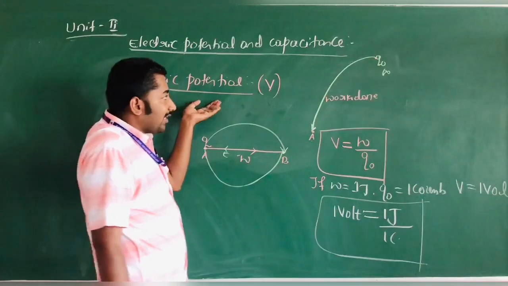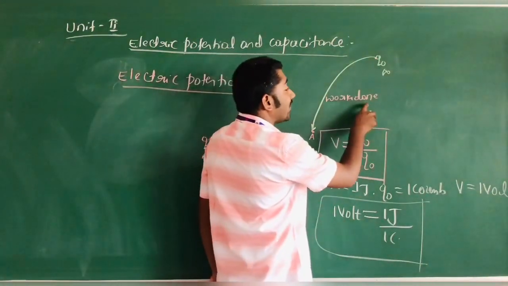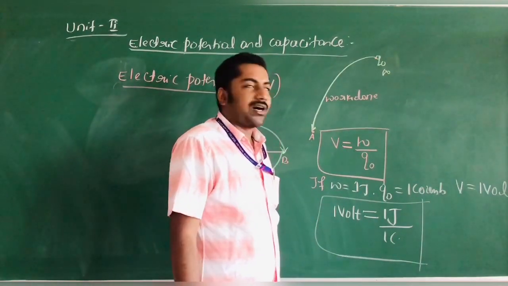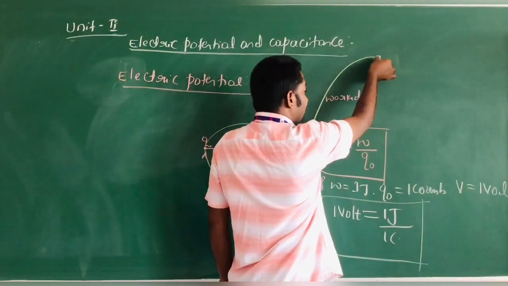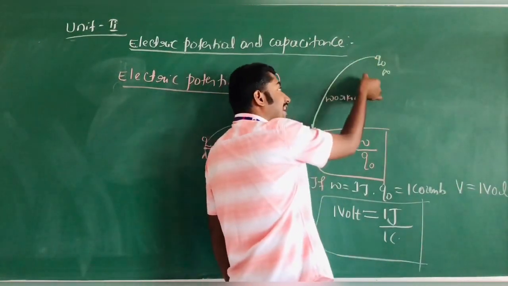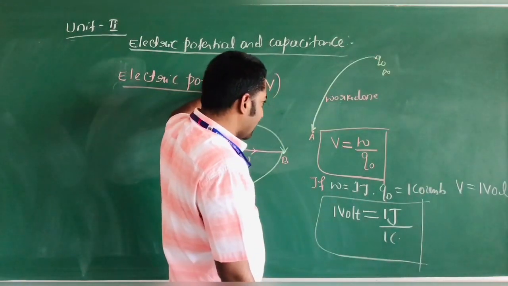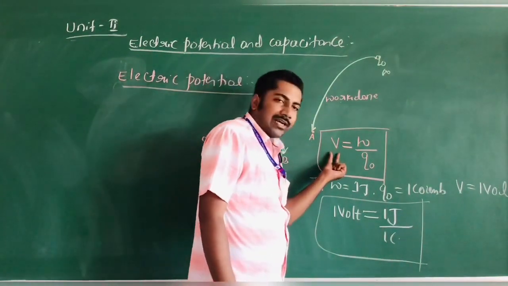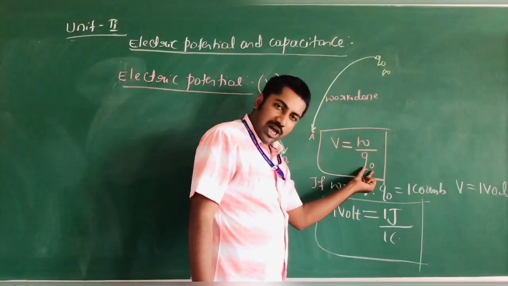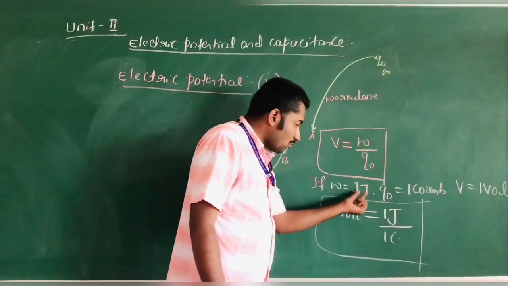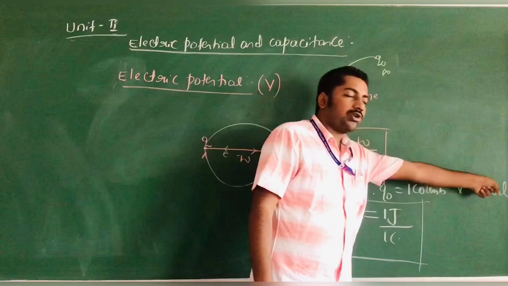Electric potential in an electric field is defined as the amount of work done when a unit charge is brought from infinity to that point against the direction of the electric field. It is mathematically denoted by the symbol V. V is equal to work done divided by unit charge. If work done is 1 joule and the charge is 1 coulomb, then V is equal to 1 volt.